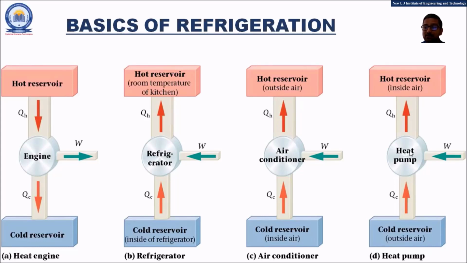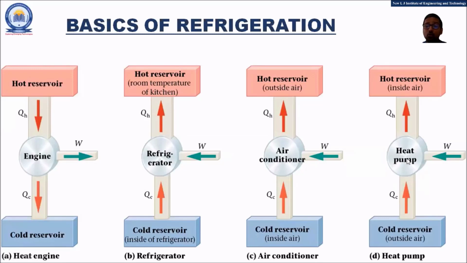Now friends, if we consider the heat pump, the heat pump is again absorbing heat from the cold reservoir, that is the outside air, and it is transferred to the hot reservoir, that is the inside air. Generally, friends, for air conditioning there are two applications: either cooling of the system or heating of the system.